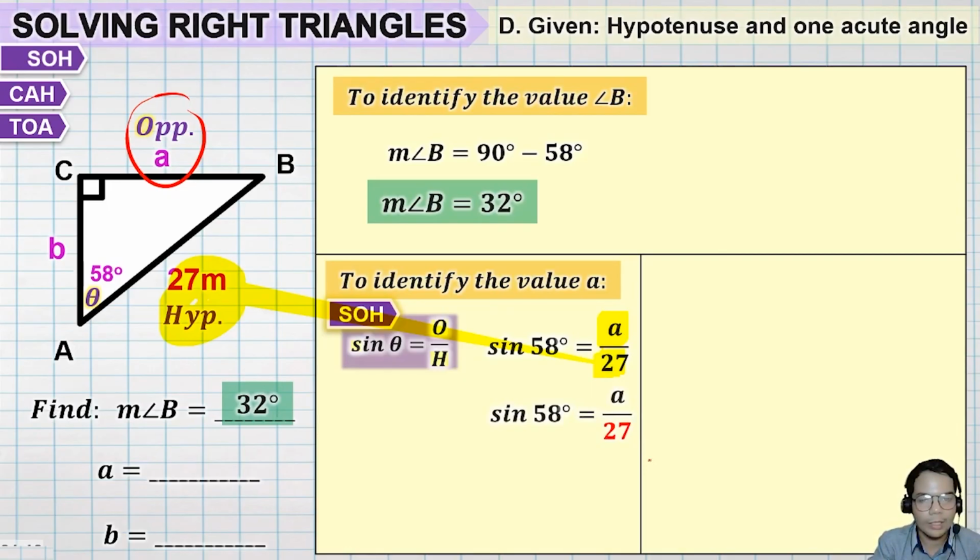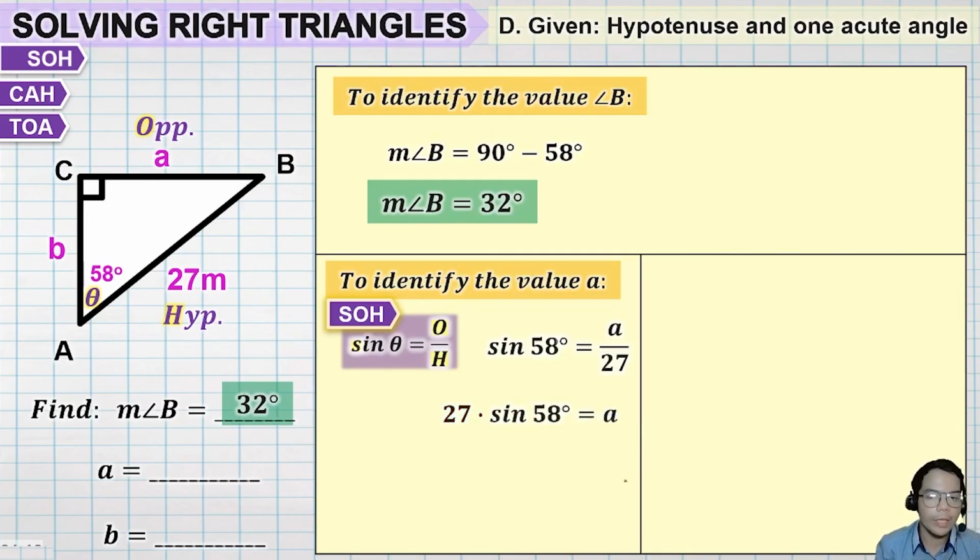Ayan. So, we can just input it like this. Sine of 58 degrees is equal to A over 27. Ngayon, hindi natin pwedeng pagpalitin yung pwesto nila kasi pares lang lalabas eh. We can multiply both sides by 27. Or pwede rin naman yung process ng cross product, or we can just cross multiply that 27 to sine 58 degrees.